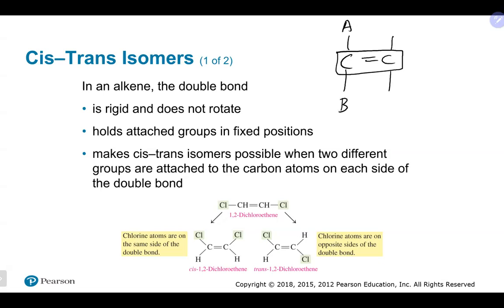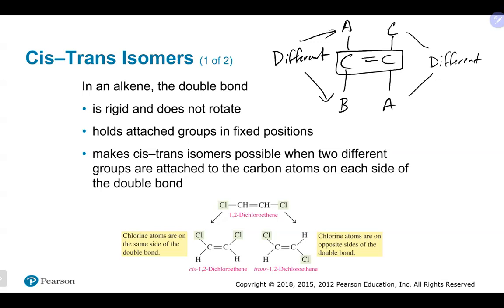We'll call this one A, and this one B. The groups on the same carbon of the double bond have to be different. For example, here, these two are different. If you come across a double bond where you have two groups that are the same on the same carbon, it is impossible to have a cis or trans isomer. That automatically eliminates the possibility of cis or trans occurring.